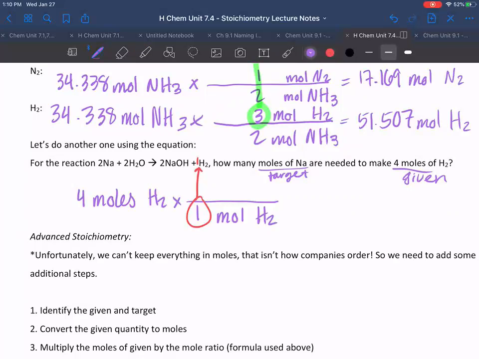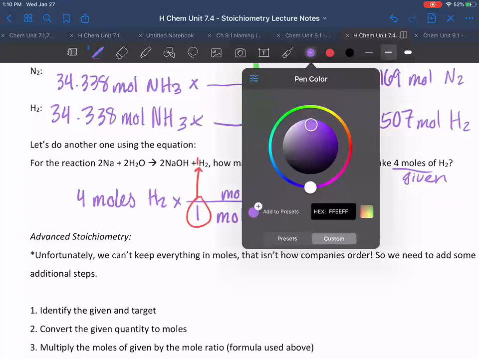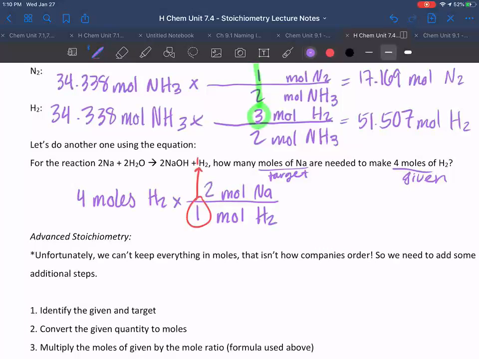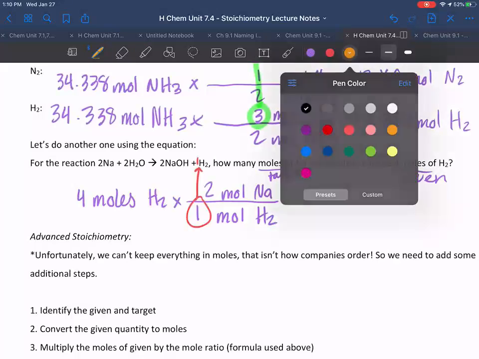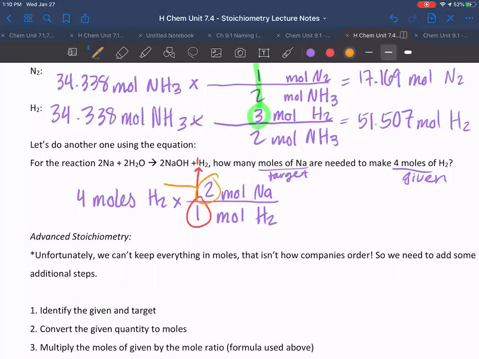Then our target is sodium. What is the moles of sodium from the equation? 2. So this comes from this part of the equation. So all we're doing is a conversion of molar ratios. So can you pull the 1 from the product side, and the 2 from the reactant side?